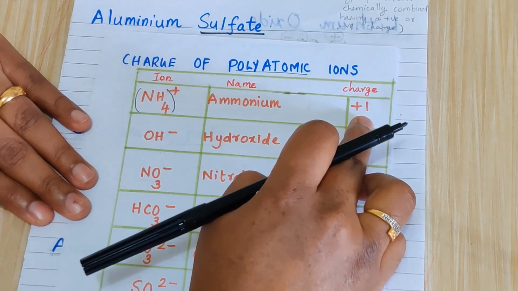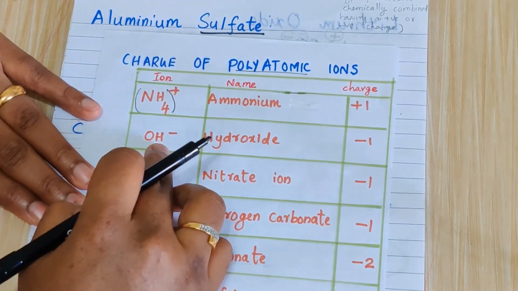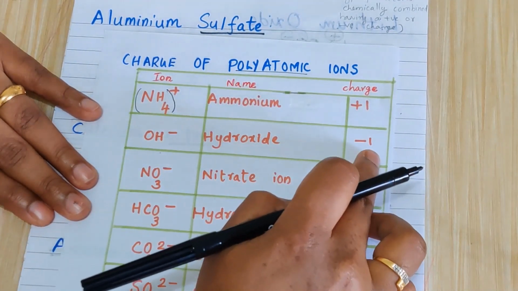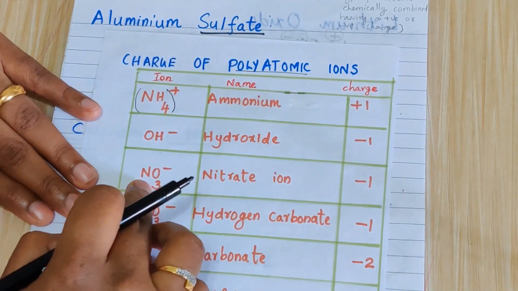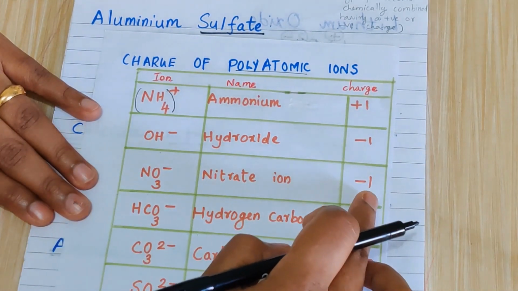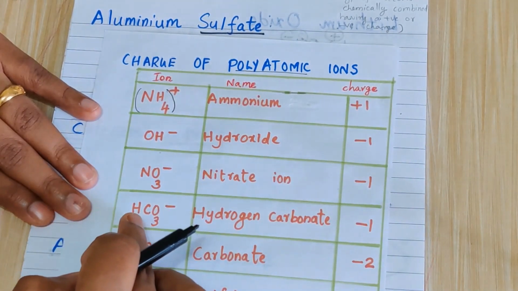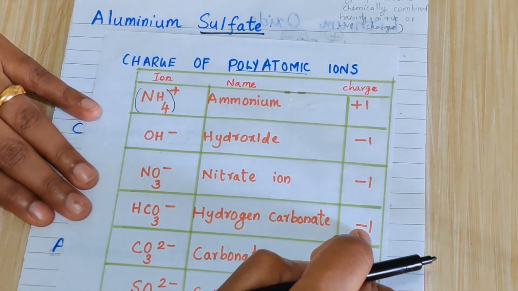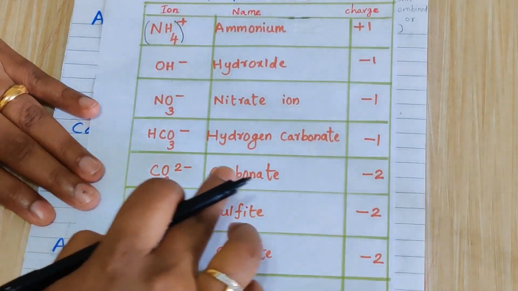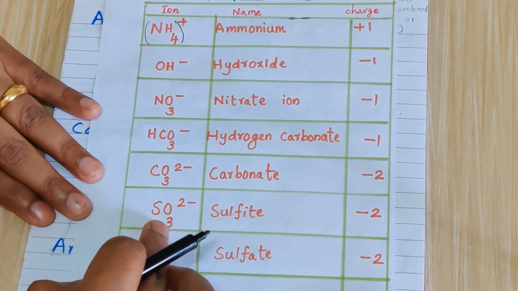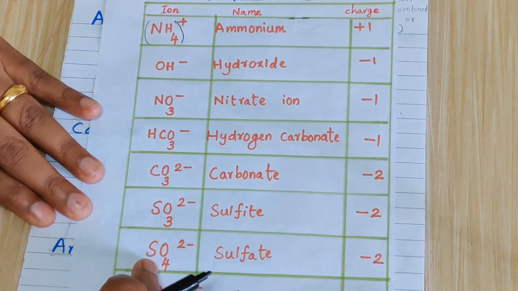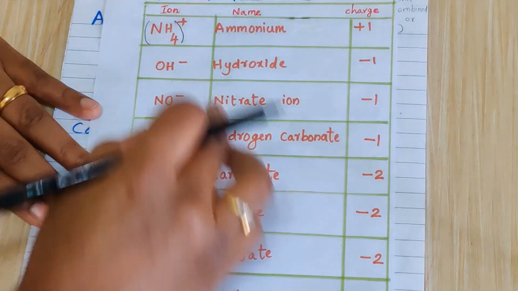It has the charge +1. Then hydroxide OH minus, that is -1. Then nitrate ion NO3 minus, it carries -1 charge, and hydrogen carbonate -1. Then carbonate is -2, sulfite is -2, sulfate is -2, phosphate is -3.